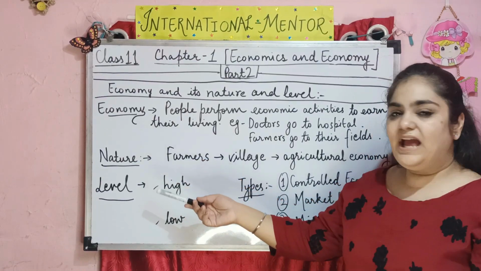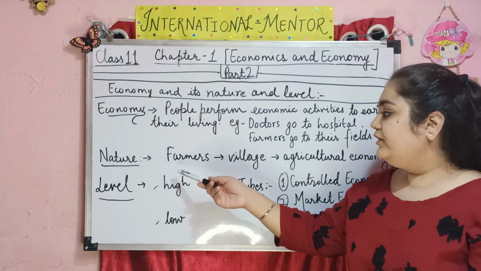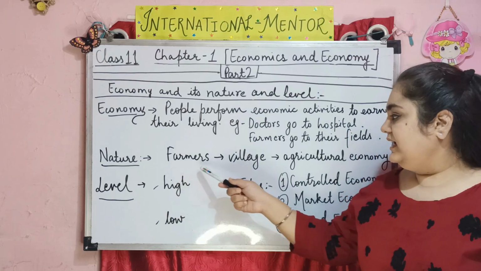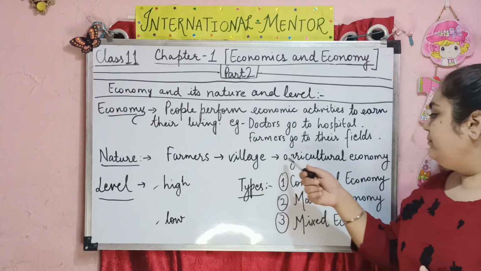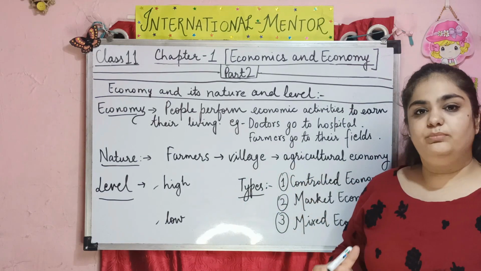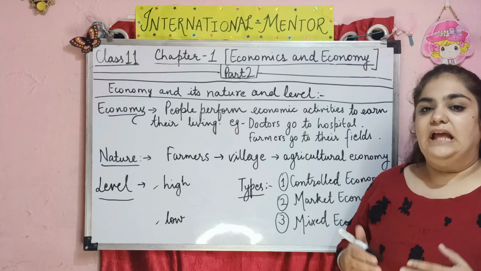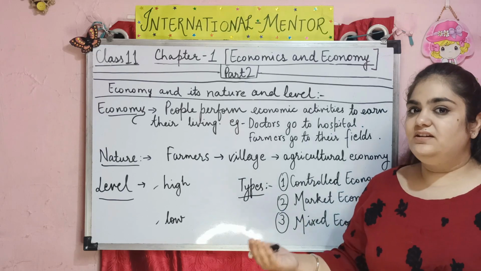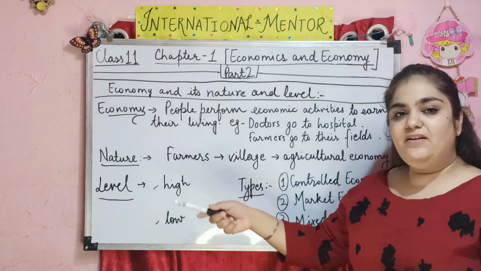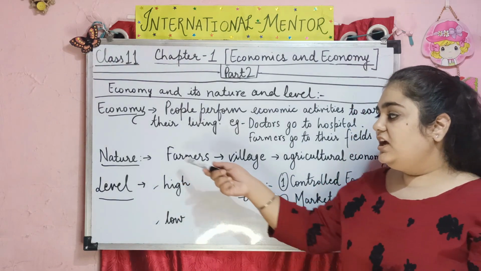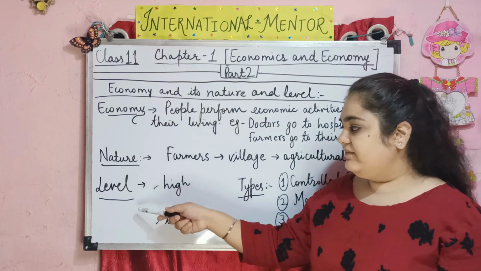Now, economy has its nature also. For example, farmers in a village doing their agriculture activities belong to the agriculture economy or agriculture sector. And we will study the various sectors in detail after this. Now, we have covered the topic of nature. Nature depends on the level also.